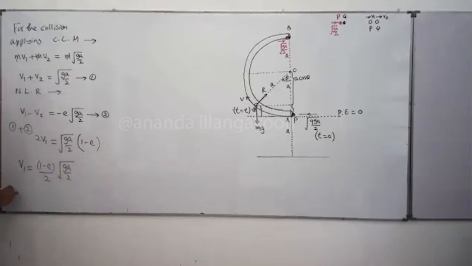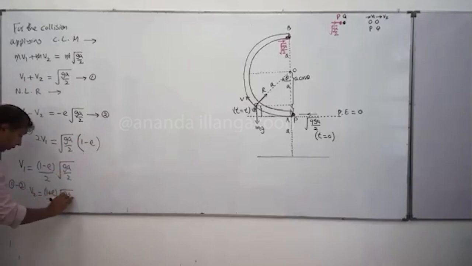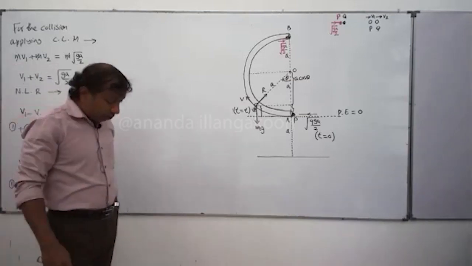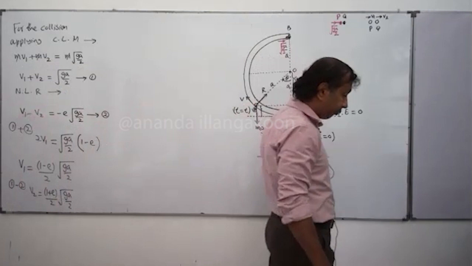Similarly, taking 1 minus 2, we get v2 is 1 plus e by 2 square root of ga by 2. This way, we can find the velocities of the particles P and Q soon after the collision.